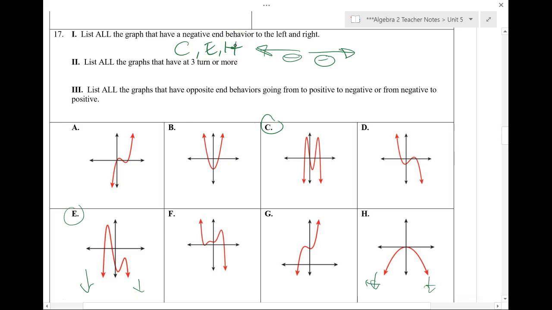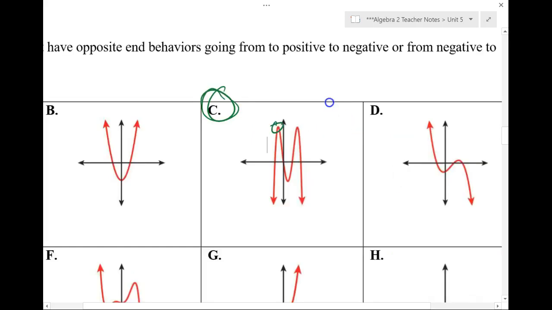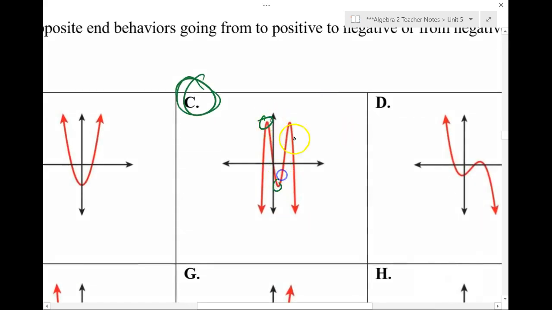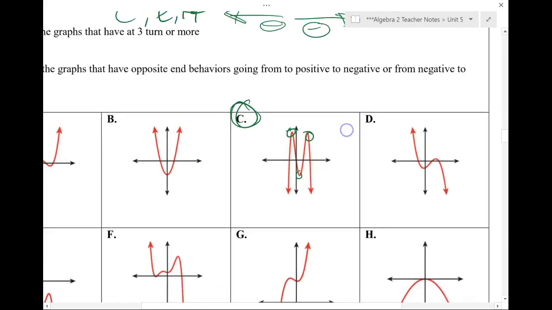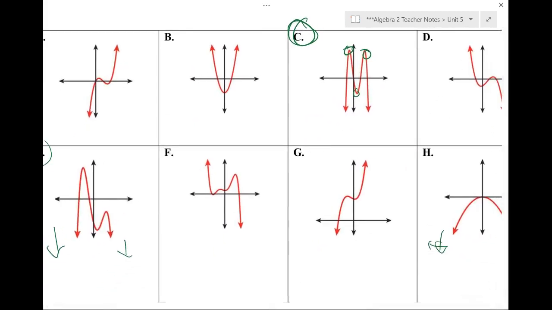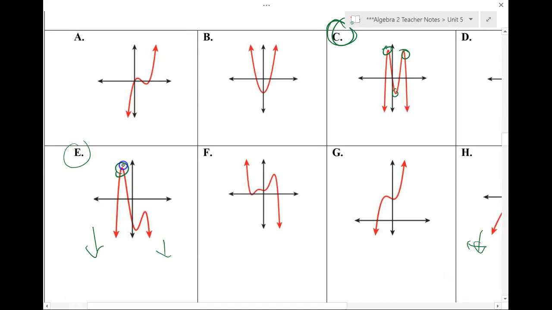List all the graphs that have 3 turns or more. Okay, well it has to turn more than 2 times. So let's see, looks like C again, because it turns there, there, and there. And looks like E again, because it turns there, there, and there.